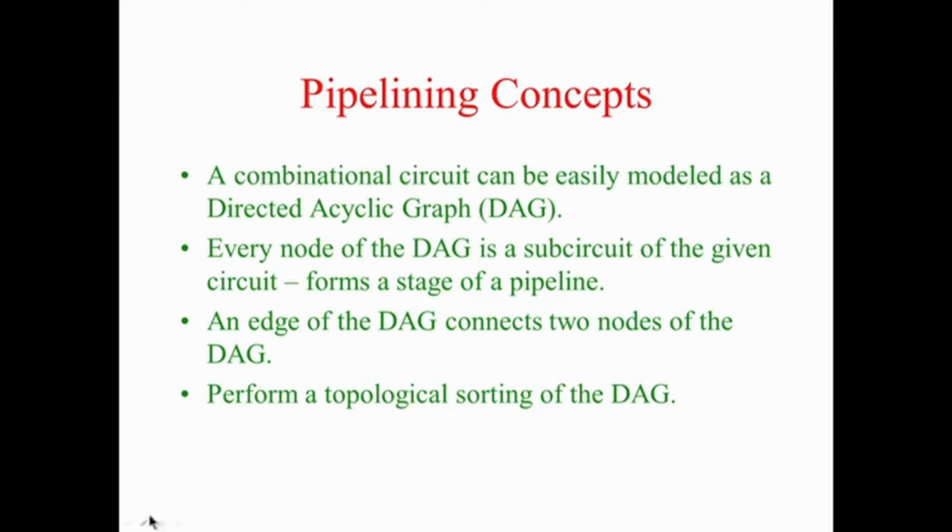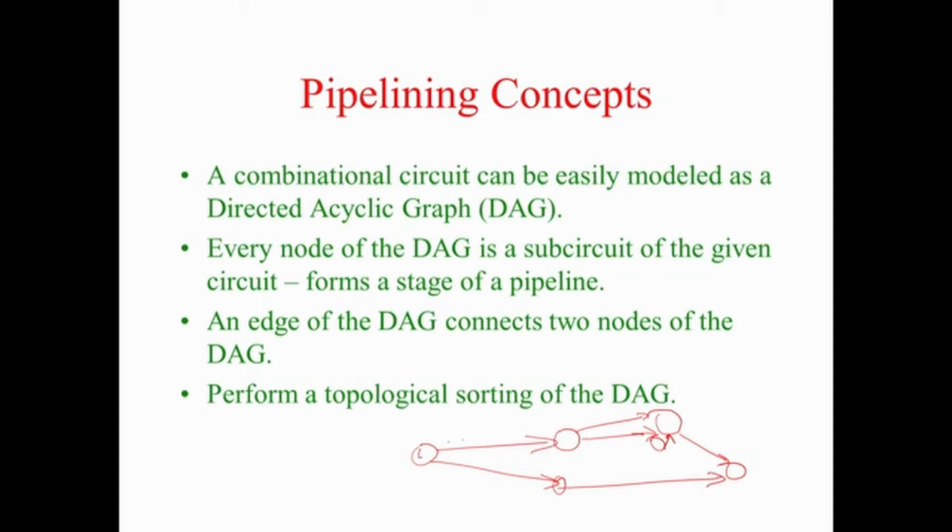For example, this is a directed acyclic graph. Probably I will have something here and then it goes like this. This is an example of a directed acyclic graph, where every edge has a direction.